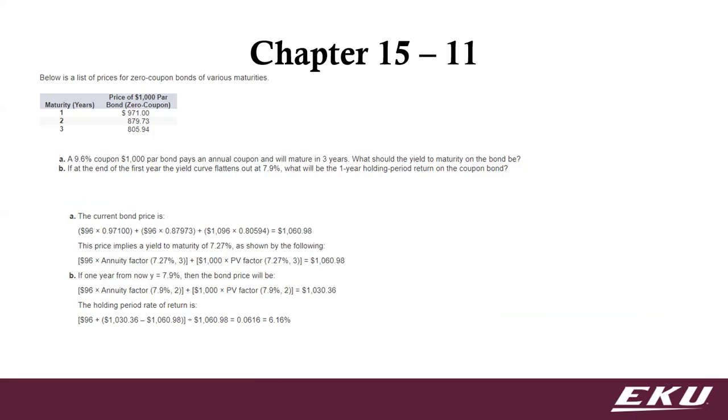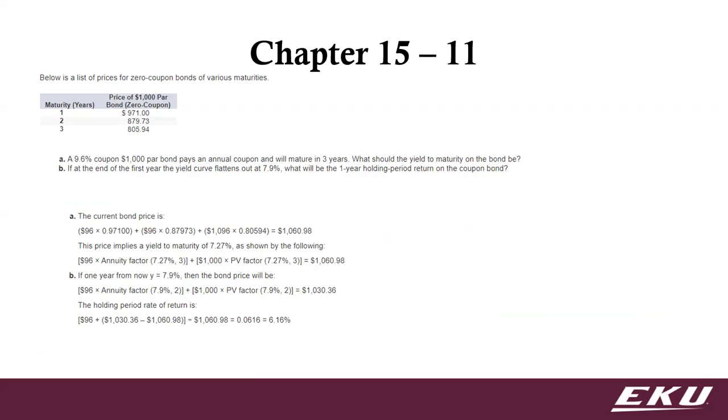Okay, this is problem 11. It's got two parts, A and B. But again, we're trying to calculate what the price would be. We know it's a zero coupon bond. We know the future value. They give us what the zero coupon rates would be. We're asked to calculate a coupon bond, knowing what the zero coupon rates are.